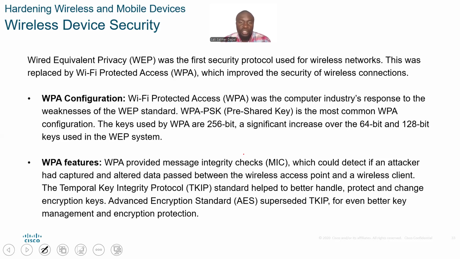WPA with a pre-shared key is the most common WPA configuration. The keys used by WPA are 256 bits, a significant increase over the 64-bit and 128-bit keys used before.